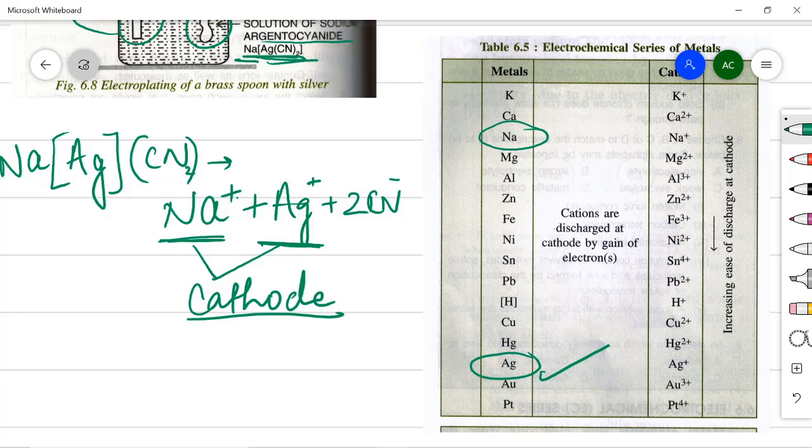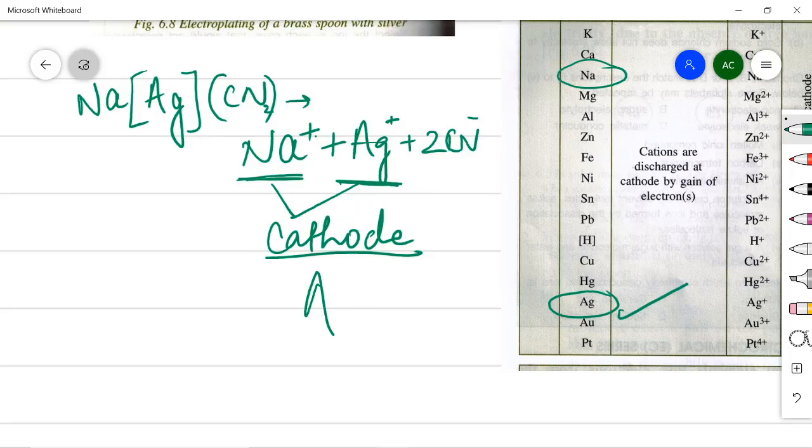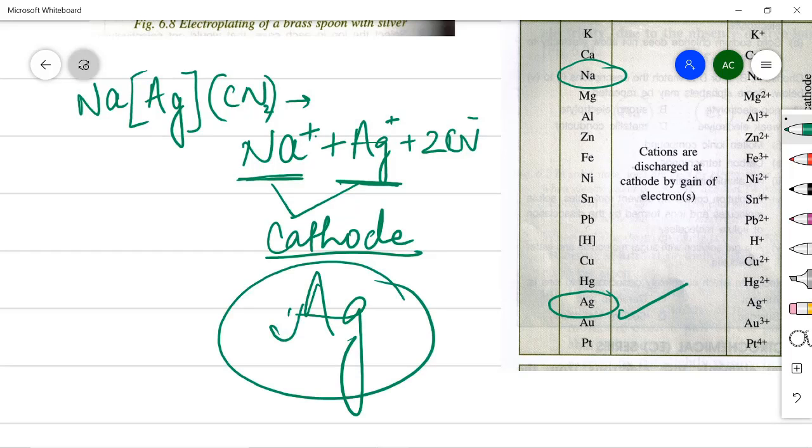What do we call it? Preferential discharge. So silver will be discharged at the cathode, and we need silver at the cathode, since we are plating silver.